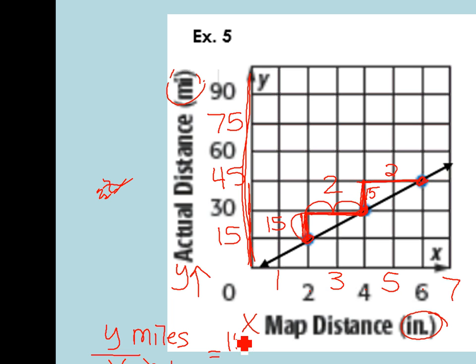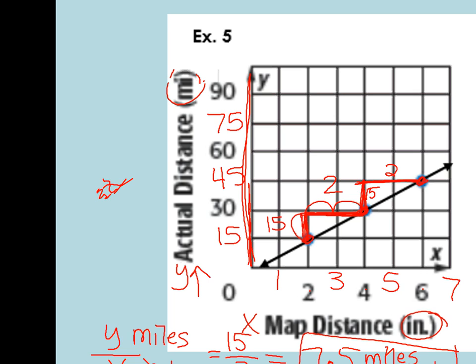So that means 15 is going to be the numerator, and the number that goes in the x-axis direction is going to be my denominator. And if I take 15 divided by 2 in my calculator, I can get 7.5. So 7.5 represents miles per inch. And that would be your final answer.